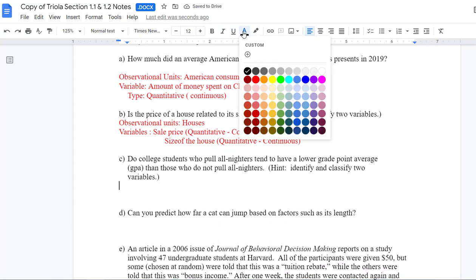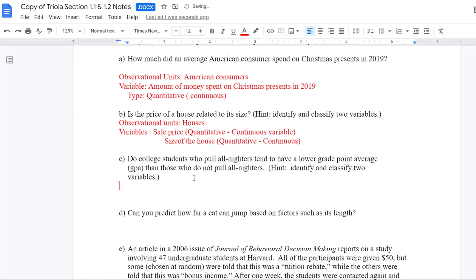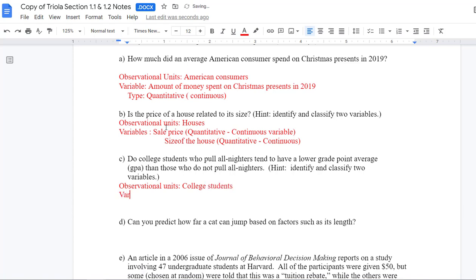The next one: do college students who pull all-nighters tend to have a lower grade point average than those who do not pull all-nighters? Same thing, identify two variables and the observational units. So what are our observational units? We're looking at college students, so that is our population, our sample, and then the variables.